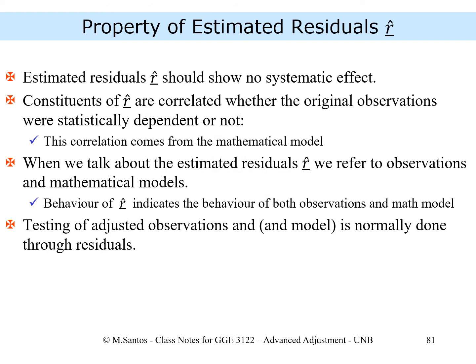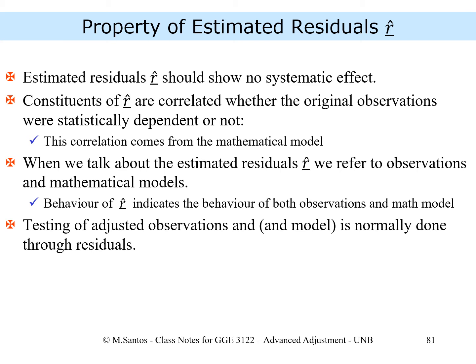The estimated residuals have some properties that are very useful, and we can use these properties to see if there is anything wrong. For example, the estimated residuals should show no systematic effect.